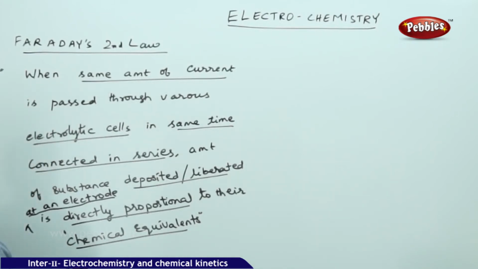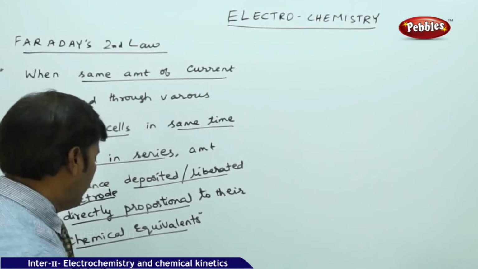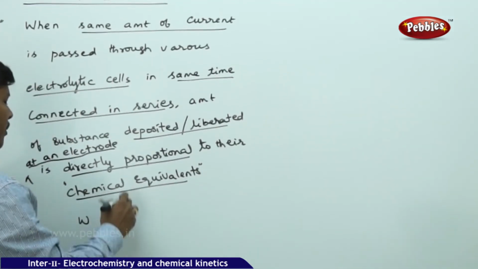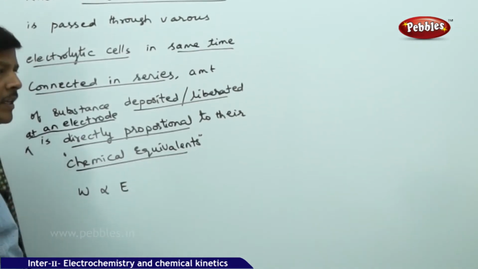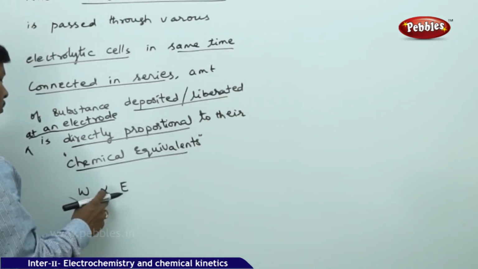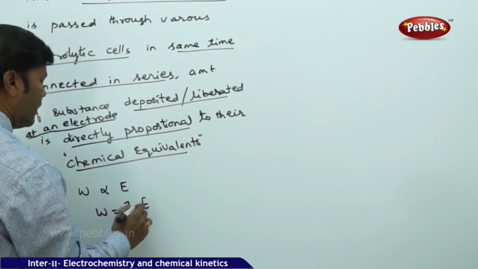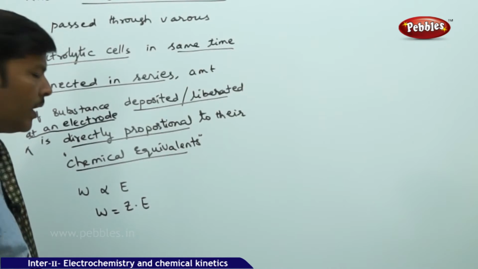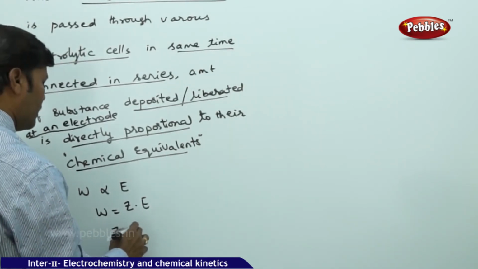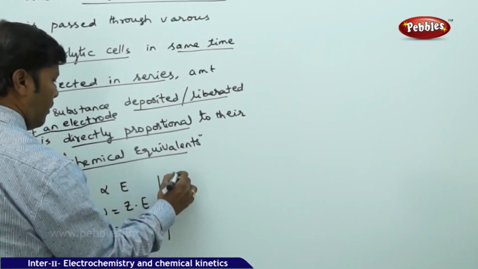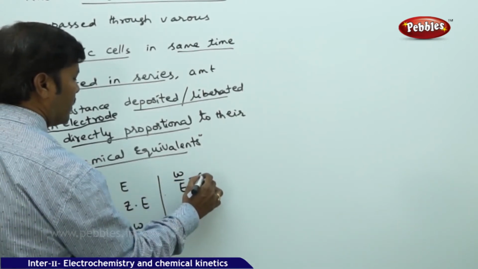Suppose the amount of substance deposited at an electrode, when the same amount of current is passed through various electrolytic cells connected in series, is directly proportional to chemical equivalent, which I take as capital E. When I remove the proportionality, I get Z into E, where Z is the electrochemical equivalent. So Z is equal to W by E, or W by E is always kept constant.